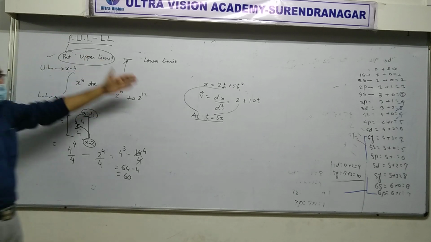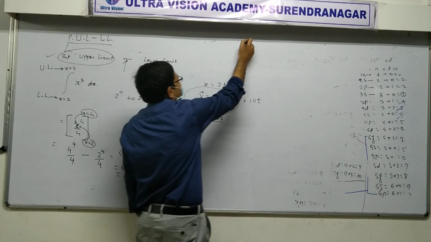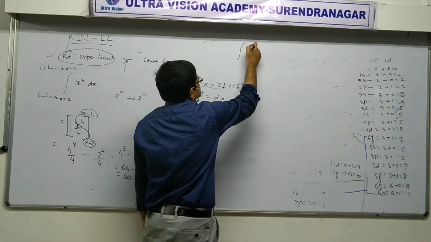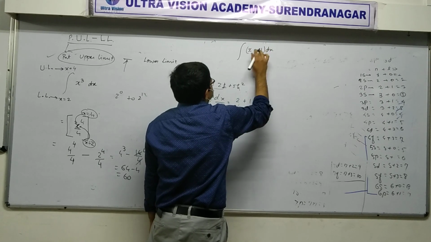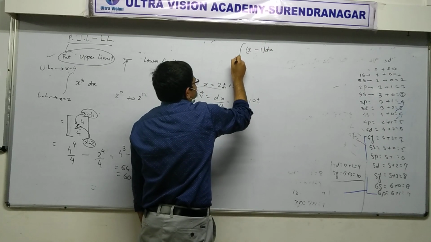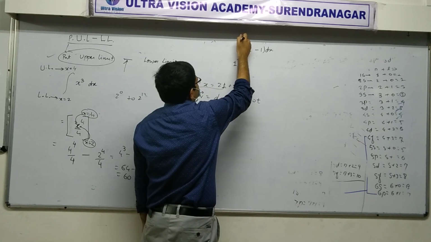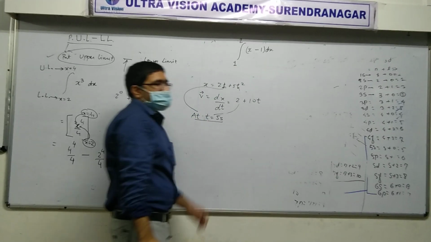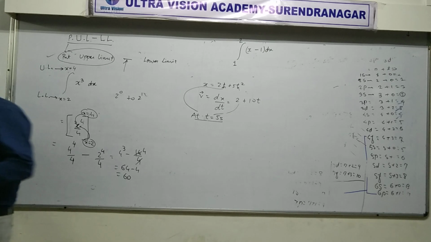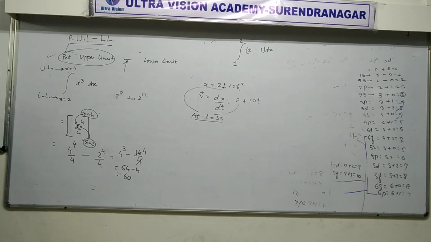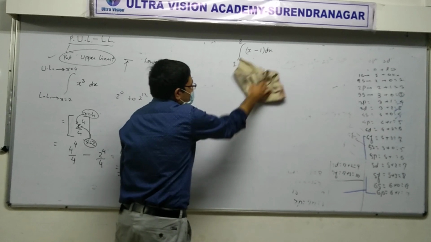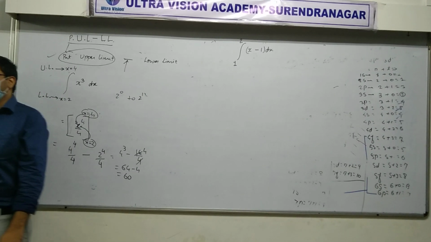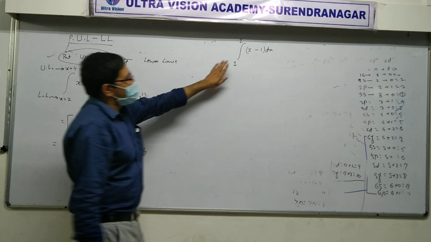So let's try this integration of x minus 1 dx from 1 to 2. Can you do it? First of all, what to do? Ignore the limits. That doesn't mean you will not write them, but write them and ignore them. Just follow the other rules.